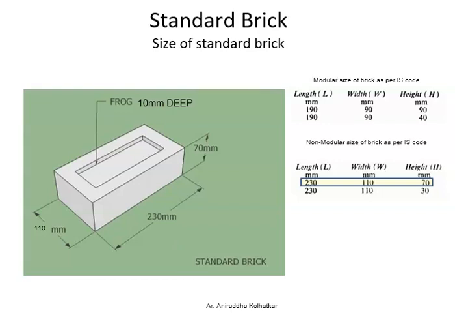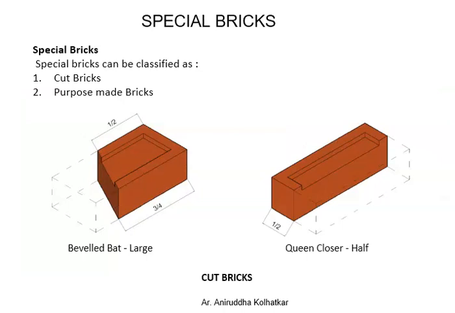Now after looking at the standard bricks, let us try to see what is meant by special bricks. Special bricks are bricks which are non-standard bricks. It's simple. Non-standard bricks come in two types again. One which are cut to a particular shape or size, and the other which are made of that particular size or shape by molding them.